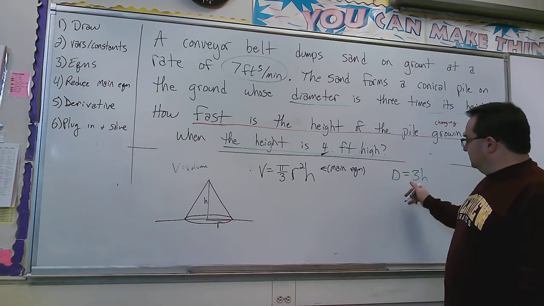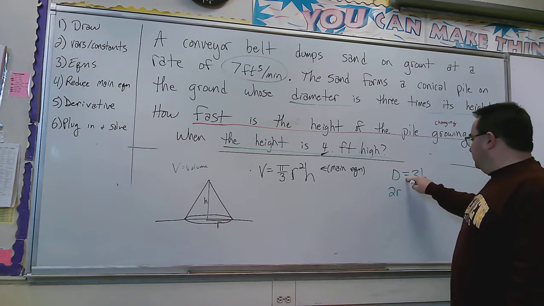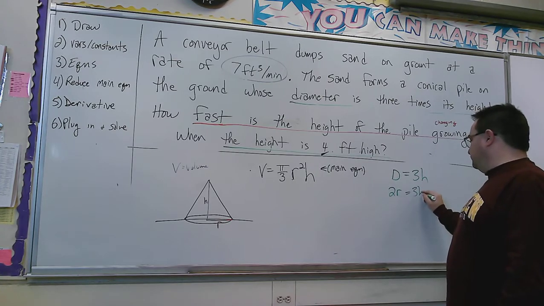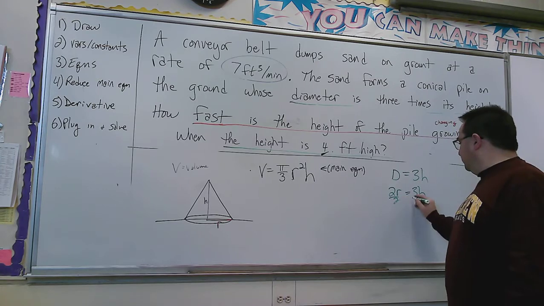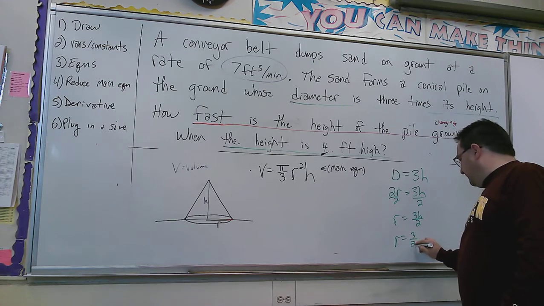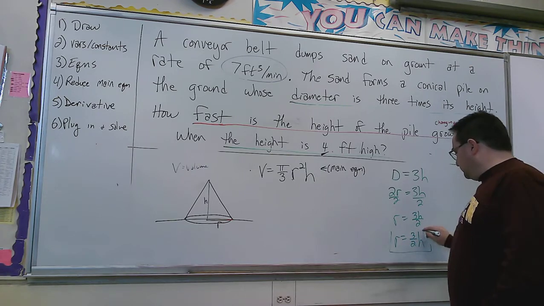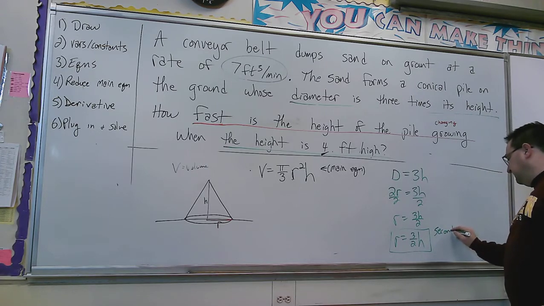The diameter is 2 radiuses. If the diameter is 3h, then 2 radius is 3h. And now it's very clear. I would actually write that like this. r equals 3/2 h. That's how we want to write that. And that is going to be our secondary equation.